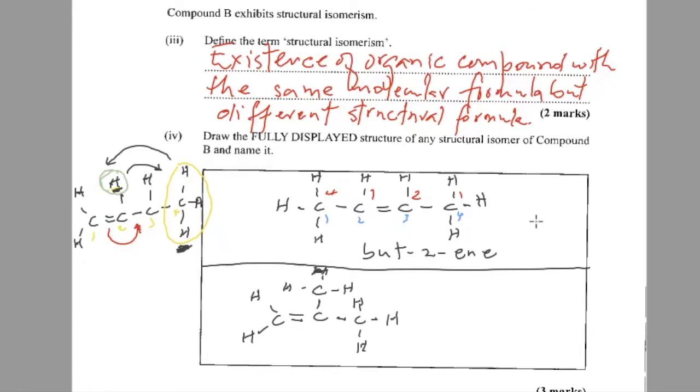So this would have a different name. So it is still 3 carbon atoms long. So the parent name would have to be something with prop in this case, because what we have now is carbon 1, carbon 2, carbon 3. The longest chain has 3 carbons, so it will have to be prop, right?